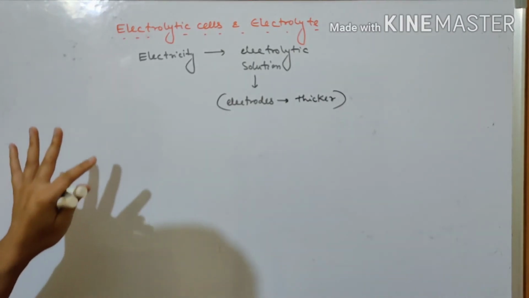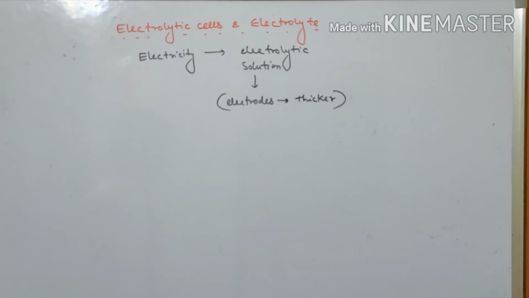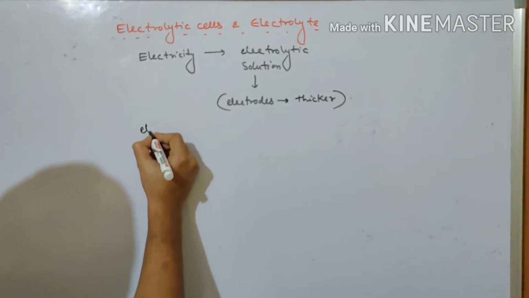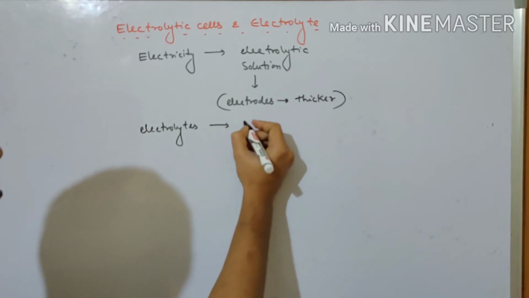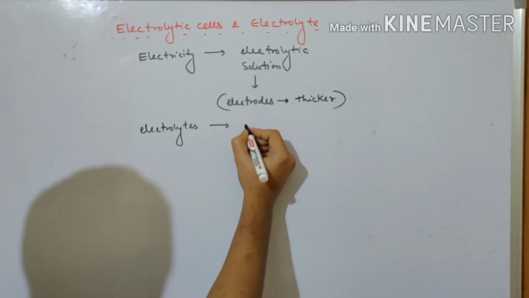That chemical change is basically due to the electrons that will be acquired by the cations of the electrolytes. So, electrolysis is a process of decomposition of electrolyte by the passage of electricity. Electrolytes are getting decomposed on electrodes.